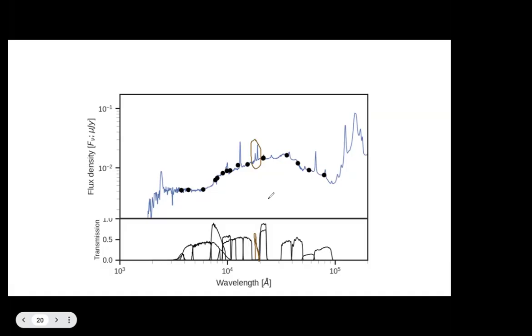So for that reason, broadbands are basically the cheapest thing you can do in terms of telescope time to get pictures of a galaxy. That's the easiest thing you can do. Then the next easiest thing to do is to use medium band filters. And then beyond that, if you want to probe the spectrum in all of its exquisite detail, you go and actually get a spectrum.